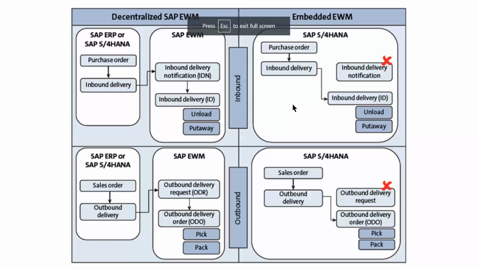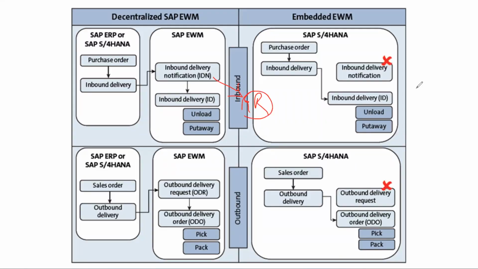So here only we used to do the goods receipt, but it is not the case with outbound delivery. Once we do the outbound delivery order, then the outbound delivery will be there.